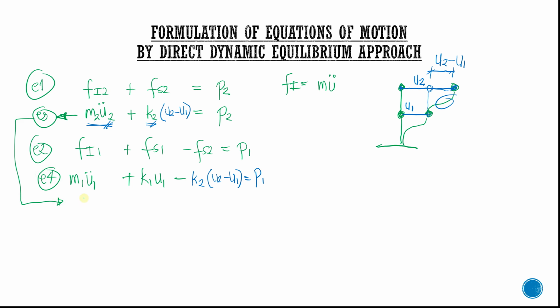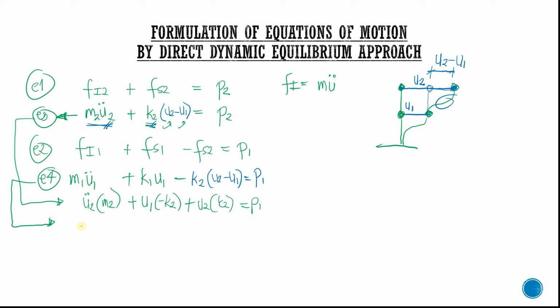We can rewrite this one as U double dot times the mass of the second floor plus, if we distribute the lateral stiffness of the second floor, we have U1 as negative K2 plus U2 times K2 is equal to the dynamic force for the first floor.